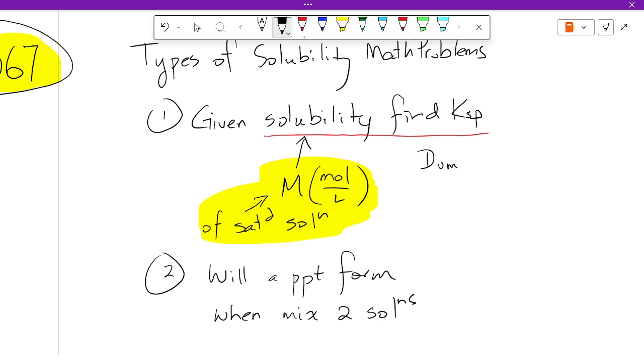Dump and stir. So that means your ion concentrations will be proportional to the coefficients in the equation.